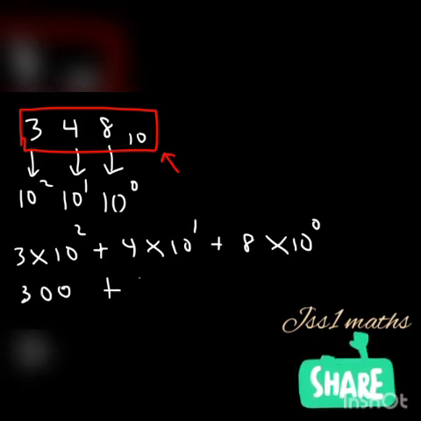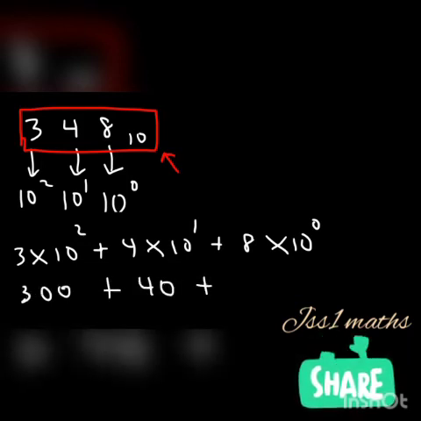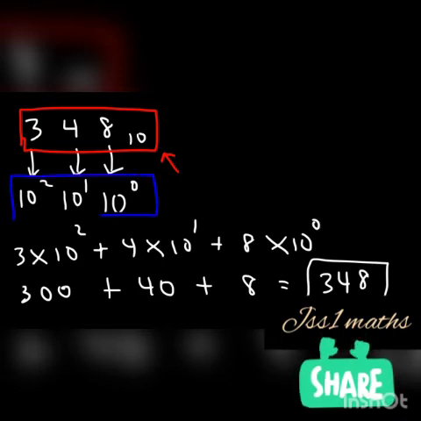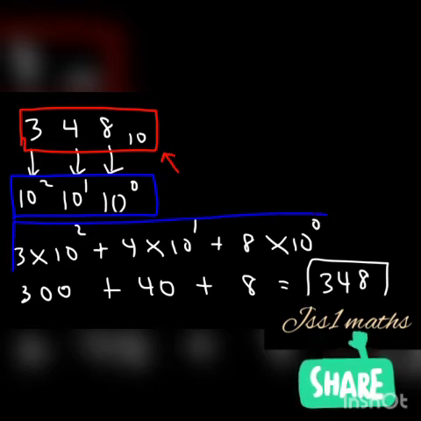And here we have 4 times 10, which is 40. 10 to the 0 is 1, so 8 times 1 is 8. So 300 plus 40 plus 8 is 348. And so this process, this multiplication by the powers, this is a base 10 system, so we multiply it by powers of 10. We can also use it for any number system for that matter.